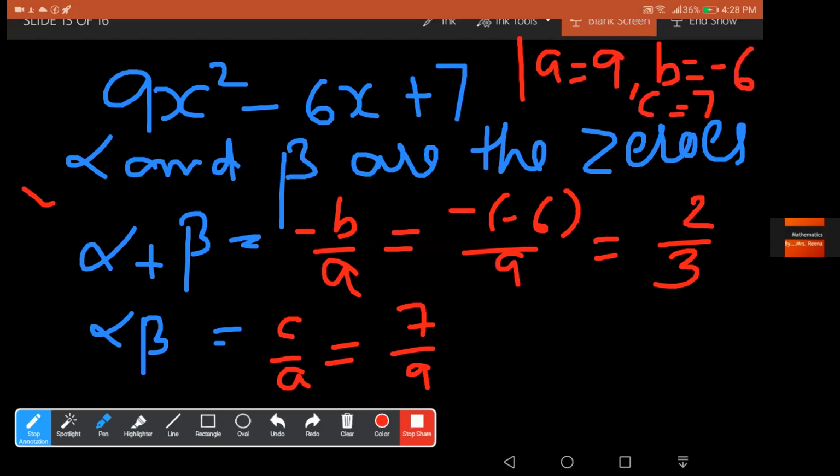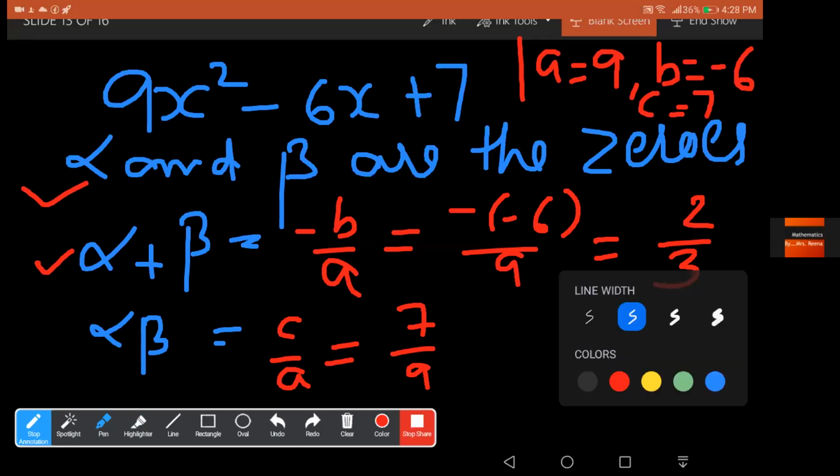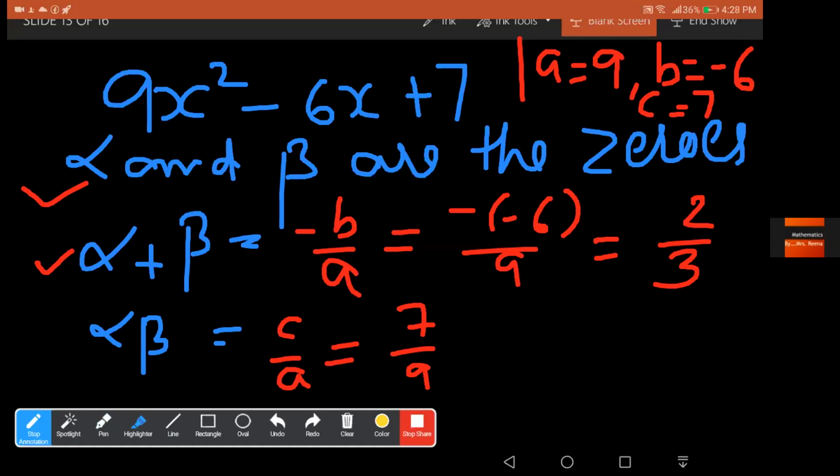So if alpha and beta are their zeros, then alpha plus beta will be minus b upon a, that is minus of minus 6 upon a. A means 9, so minus minus will be plus, so it will be 2 upon 3.